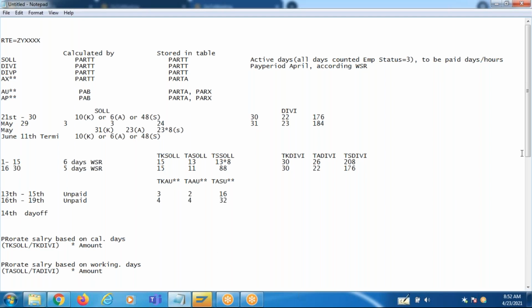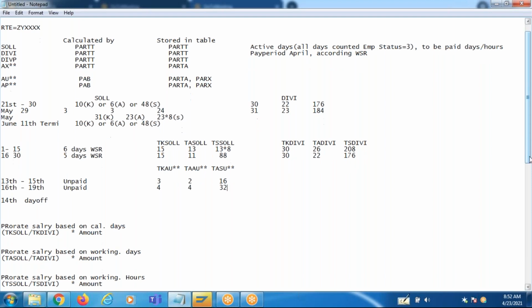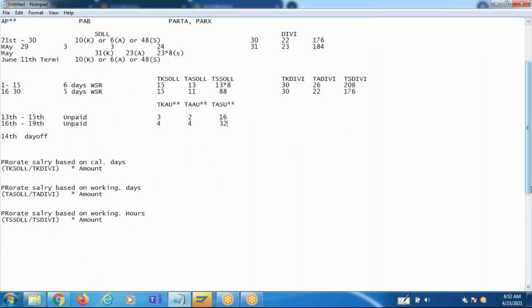Now, how do you write this formula? These 3 days are part of the 15, right? Yes or no? When you are counting the 15 days, within that we have absence also. You need to reduce that absence.